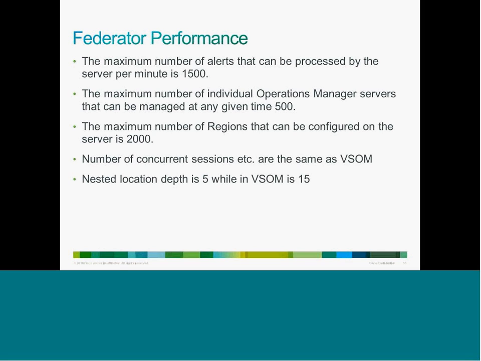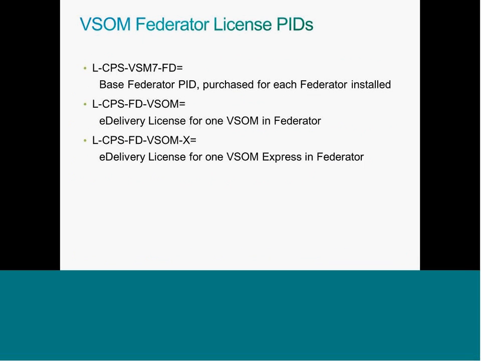Especially 2,000, I don't see anyone that's actually going to attain that, because I think the rights policies for that is going to be a nightmare to configure. If you do it properly, from an admin point of view it'd probably be difficult, but from a user point of view, you could restrict the access and the visibility. So it could get quite nice if you do it properly. Concurrent sessions, everything like that, same as VSOM, and then for locations, depth is 5, while VSOM is 15.